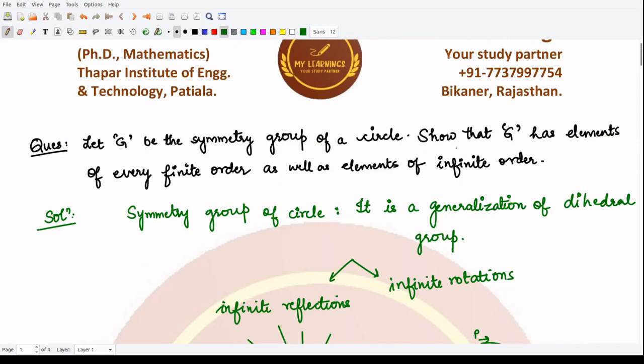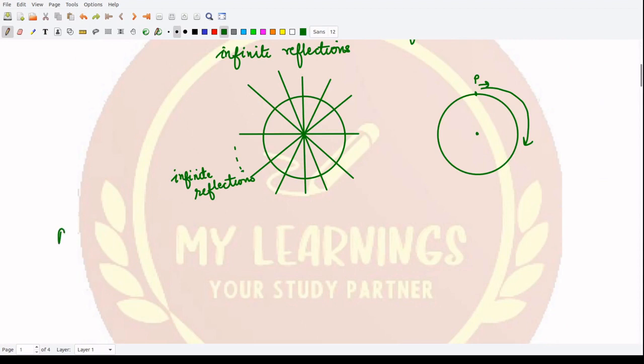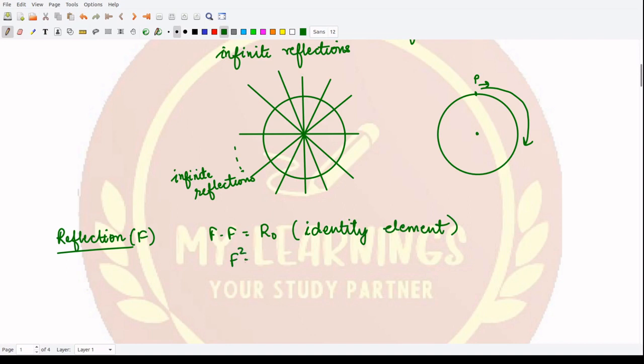Now we need to show that this group G has elements of every finite order as well as elements of infinite order. When we talk about reflections, we know that when you perform the reflection twice, you get the identity element. So if we have the reflection as F, then F composed with F gives R0, which is the identity element. Hence the order of every reflection is 2.